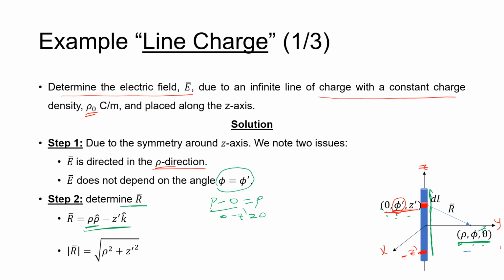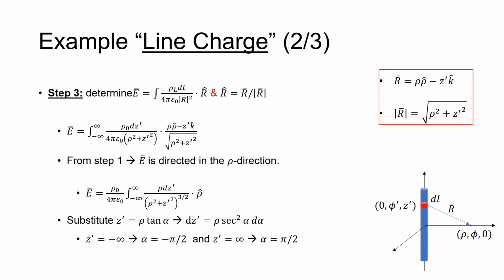Anyway, now we got r, then we can calculate simply the magnitude of r, which is the square root of rho squared plus the square of this one. Now we know r and the magnitude of r, so we can use the equation which we have learned to calculate the field, simply by substitution. Once we do this, E will equal this.